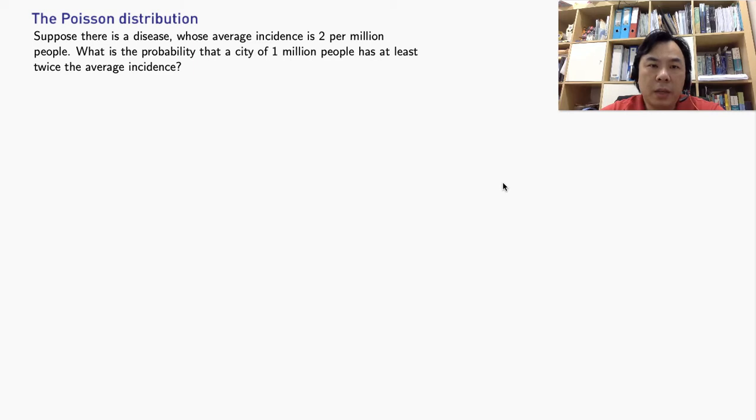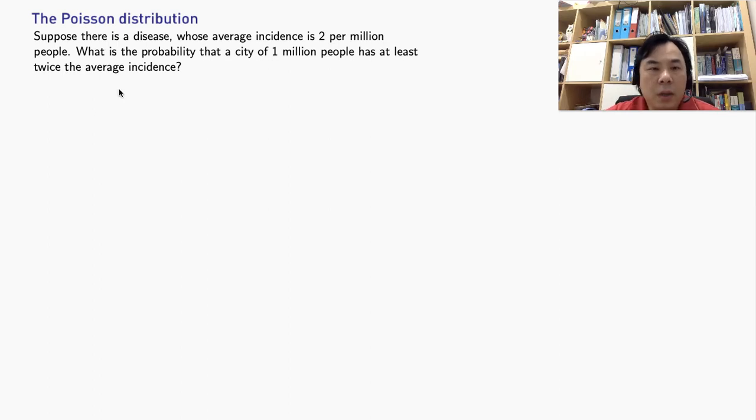Suppose that there is a disease, for instance COVID-19, whose average incident is 2 per million people, which means the infection rate in this case is 2 out of 1 million people population. Now, what is the probability that a city of 1 million people has at least twice the average incident here?